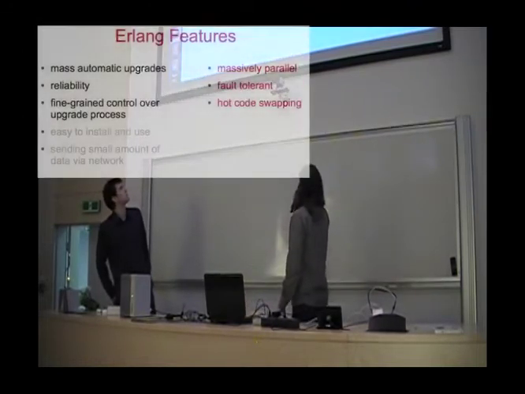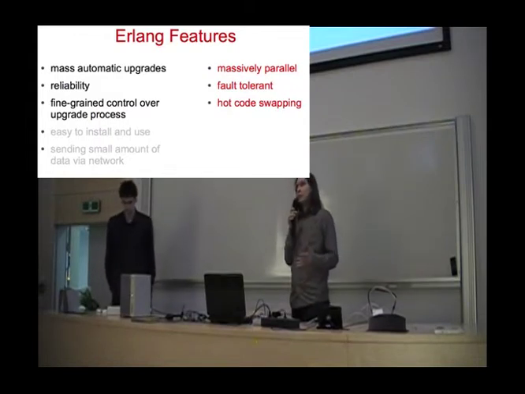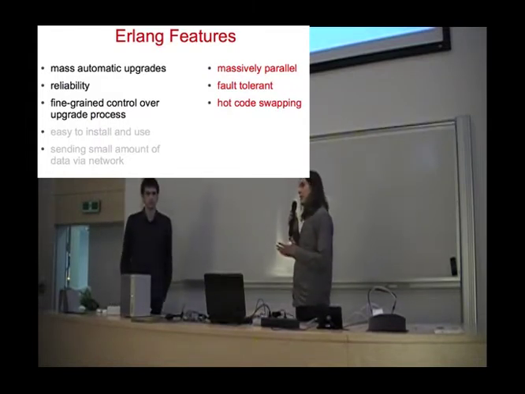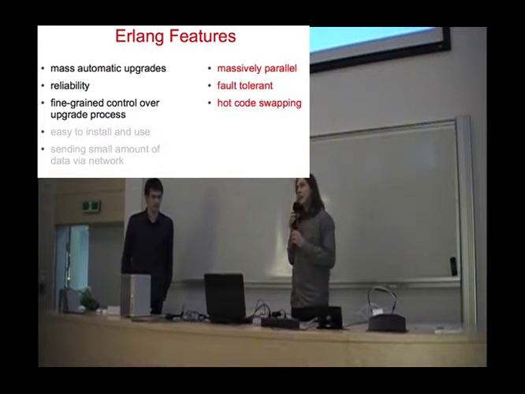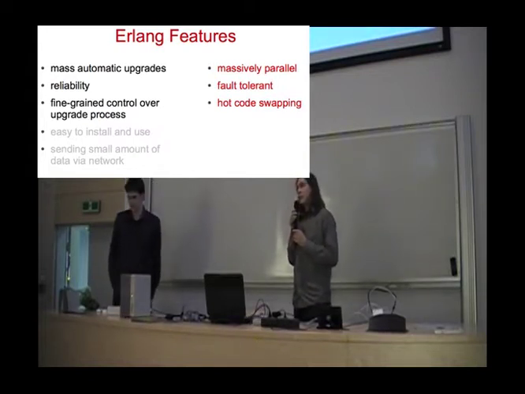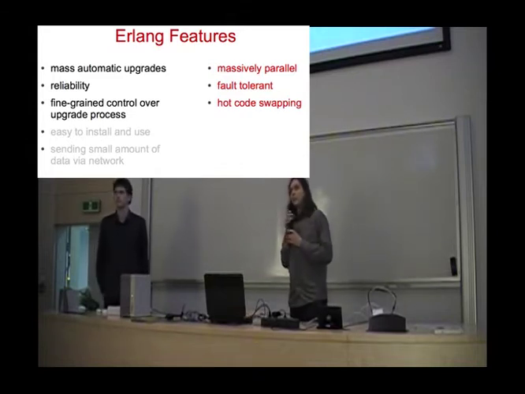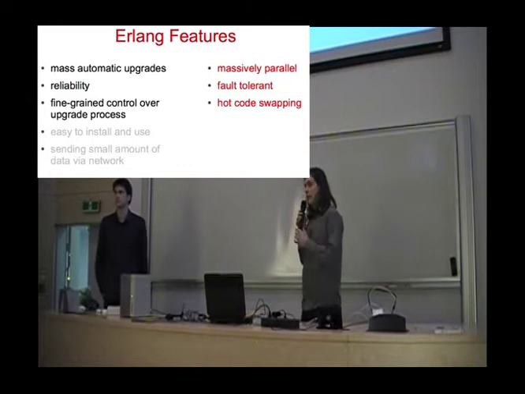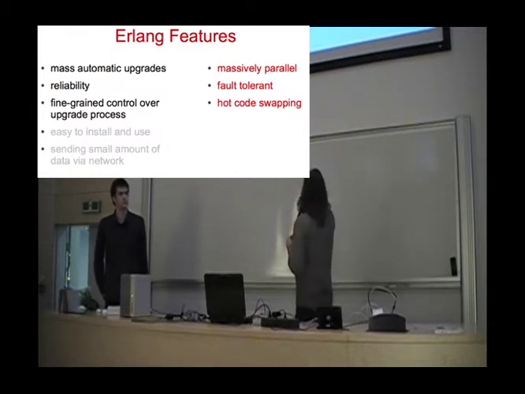That's why we wanted to use Erlang. It is massively parallel, so it can manage thousands of processes, which makes handling a large amount of requests from devices quite easy. It is fault tolerant, using supervisors described by Michał and other OTP design principles. Makes it easy to recover from errors.